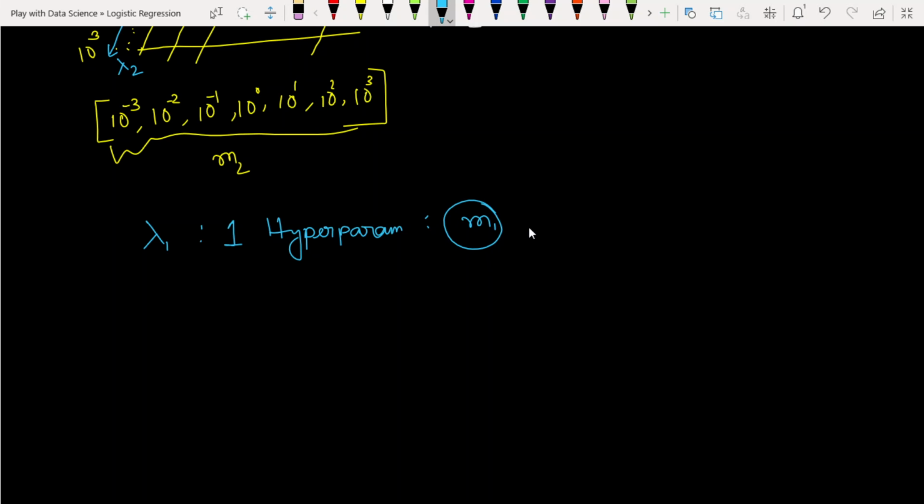In such a case, we have to train our model m1 times, because the hyperparameter lies in an interval that we have divided into m1 number of points. We have to train at each point, so we train our model m1 times.